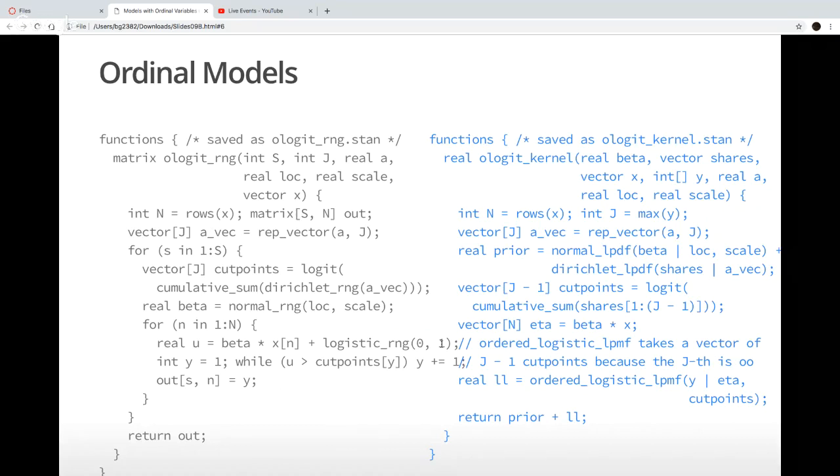So when we go to estimate a posterior distribution, someone's going to need to define a kernel of the posterior distribution in log units. So that is going to be a function of the parameters, the coefficient beta, and what I call the shares, which are the thing that is distributed Dirichlet in this model before we cumulative sum it and transform it and all this stuff.